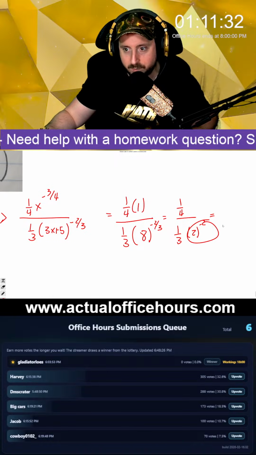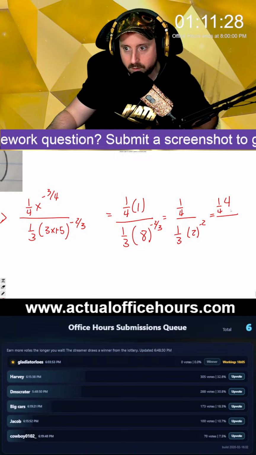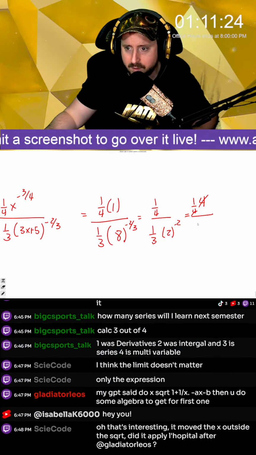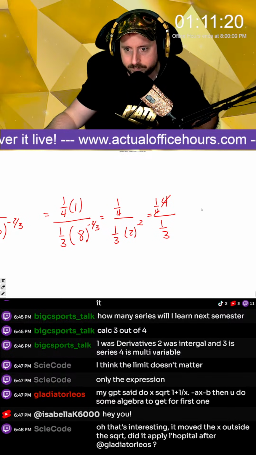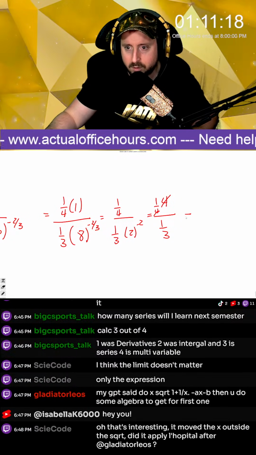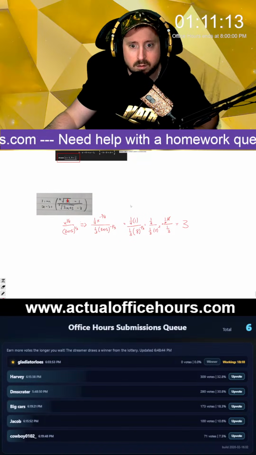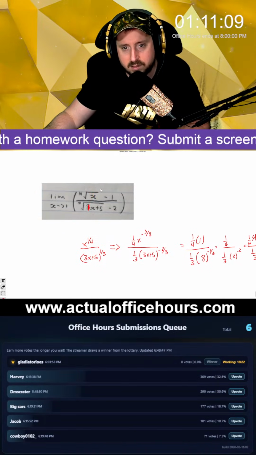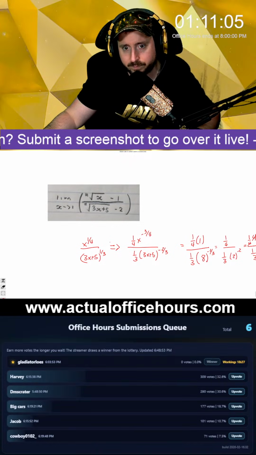Then this is going to become 4 on top times 1/4, which cancels, becomes 1. And then this is over 1/3 on the bottom, right? So I think the answer is just 3. Did chat say the answer is also just 3 for you? Pretty sure it would be.